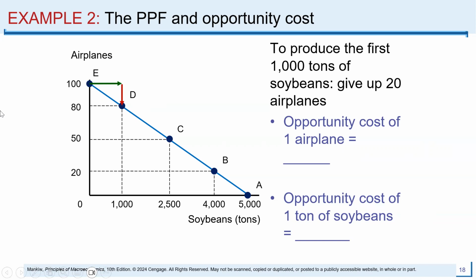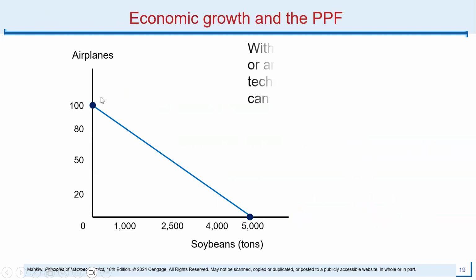That is what we can get from E to D, right? The airplane reduces by 20 units, the soybean production increases by 1,000 tons. So the opportunity cost of one airplane is equal to 1,000 tons of soybeans divided by 20.